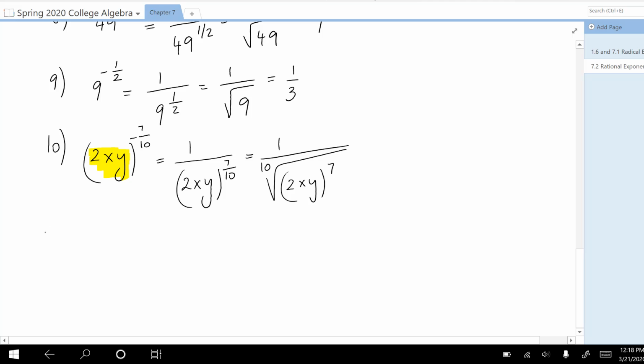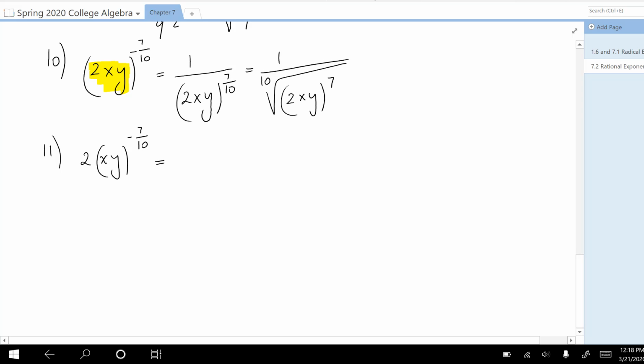Maybe some of you ask, well, what if it was 2 times xy to negative 7 over 10, right? What would happen in that case? Well, if you think about it, the only thing that is raised to a negative power is xy. 2 is by itself, it is not raised to any power. It's just 2 times a quantity.